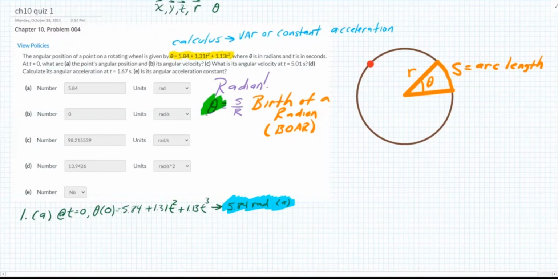This is what a radian is. A radian is just taking this arc length, whatever it is, divided by this radius, whatever it is, and that's what we're going to call a radian. There was a great animation in the lecture video that showed this visually very well. So that's what a radian is.